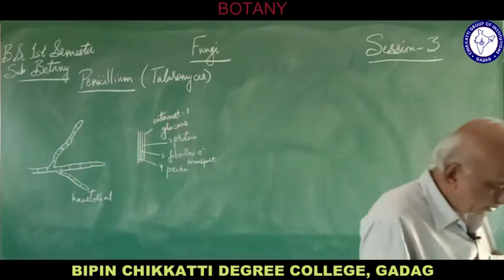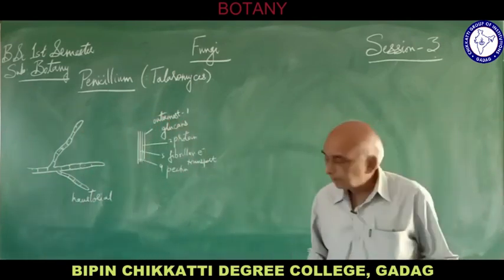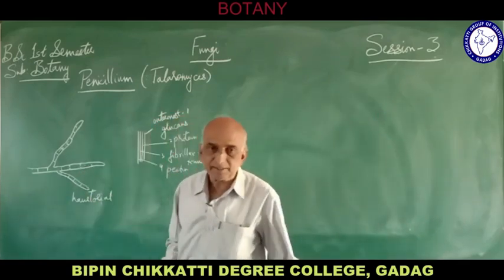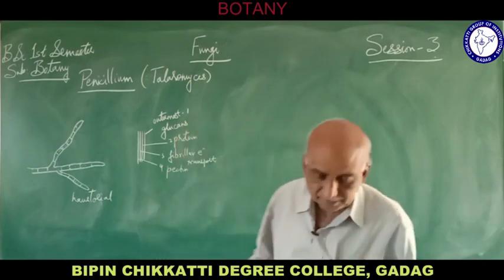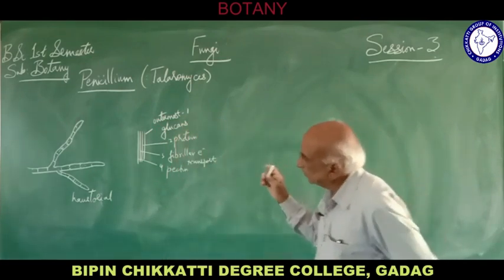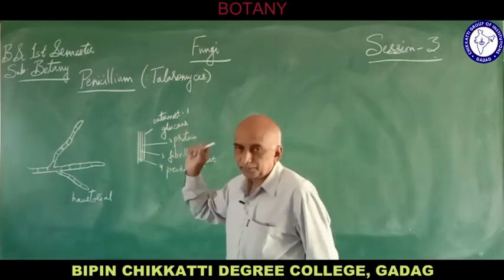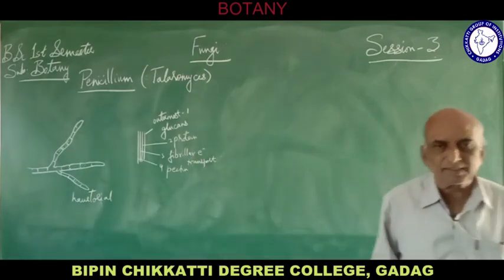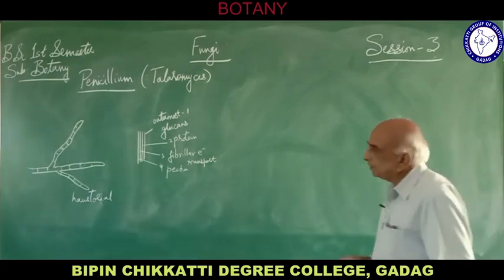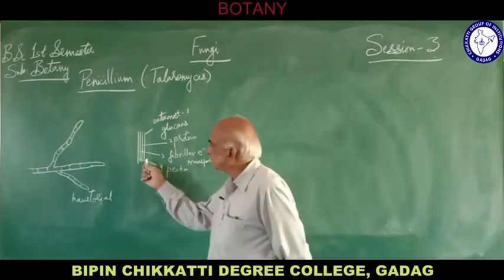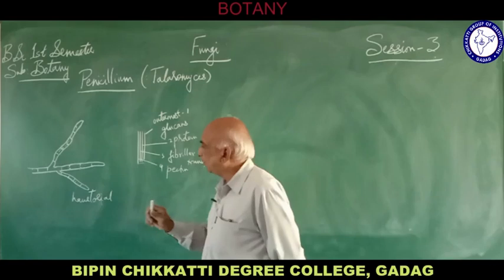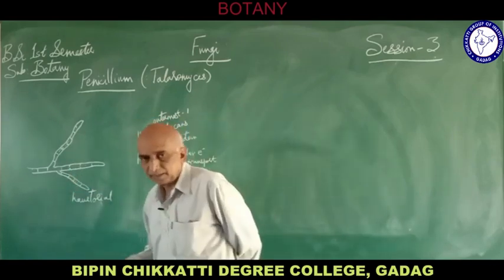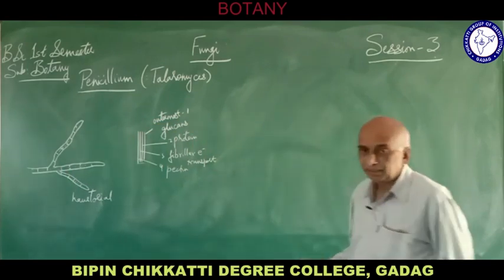That is why there is a trinucleate condition, and in the cells oil globules are present as a reserve food material. That is about the vegetative structure or the structure of a single cell. The remaining parts are cell organelles, cytoplasm and all that. In general, the characteristic feature is only the cell wall and the presence of a single nucleus, two nuclei or three nuclei: uninucleate, binucleate or trinucleate.